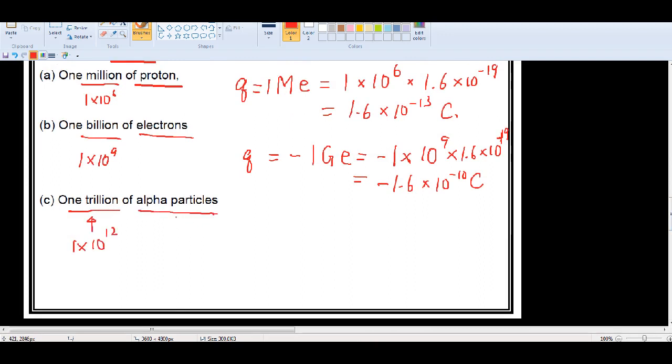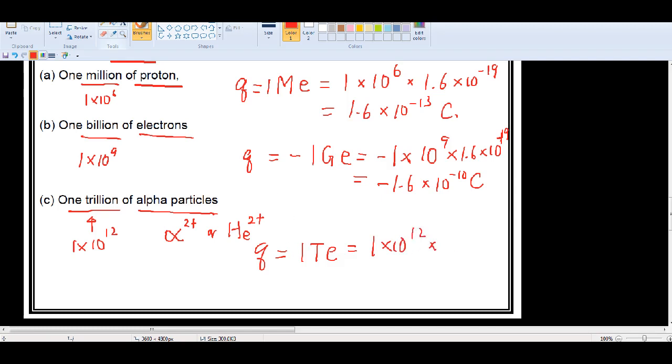Alpha particle, what do we mean by alpha? There are 2 ways to write it. One way is to write alpha with 2 plus, or sometimes you just write helium, because it is a helium nucleus. The 2 plus here means plus 2 electronic charge. So that's 1 trillion, 1 times 10 to the power 12.